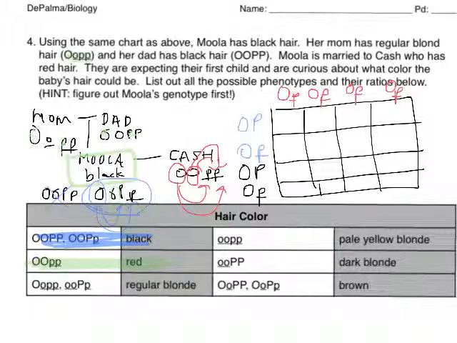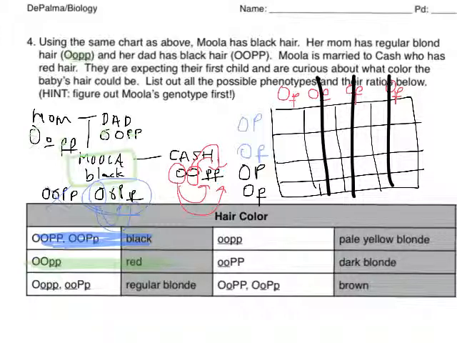Since Cash has all these repeats, I can get out my black marker here. Anytime there's a repeat in one of the parents' sperm combinations or egg combinations, you can delete them because it's just going to give you the same outcome anyways. And it's going to save you a lot of time. So since all four of those are the same, we can delete the 3 copies and just fill in the one row that we know.